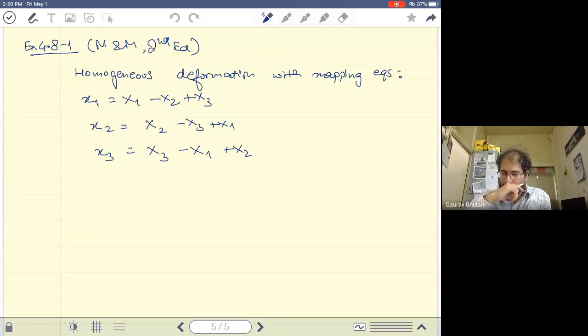You may remember that's the function chi, which helps us write the final coordinates in terms of the initial coordinates.